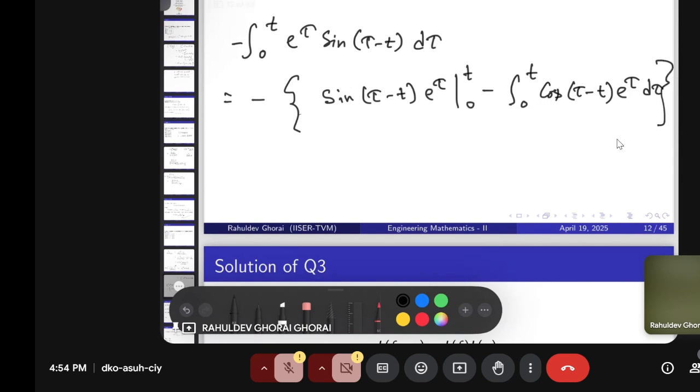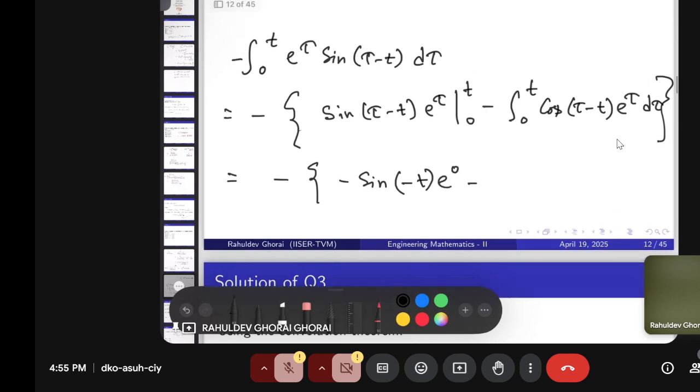So we got this equal to negative of... when tau equals t, this will be 0, but only when tau is 0 you will have the solution, that is minus t e to the power 0, minus the integral cos of tau minus t e to the power tau d tau, which we keep from 0 to t, cos of t minus t e to the power t dt.